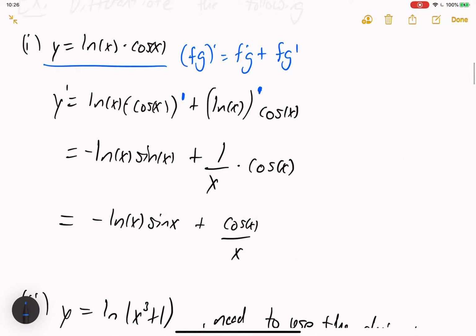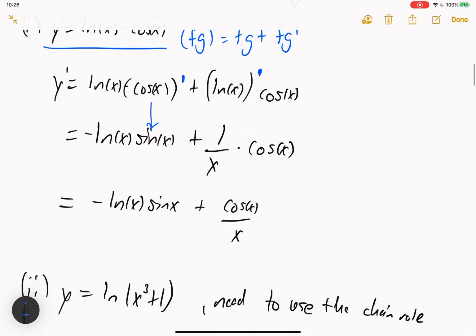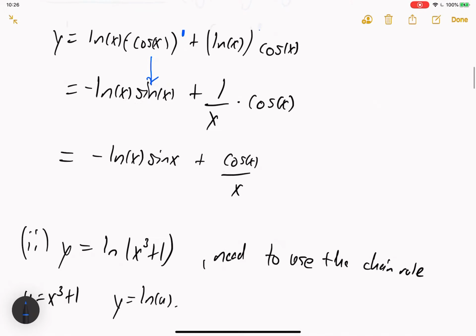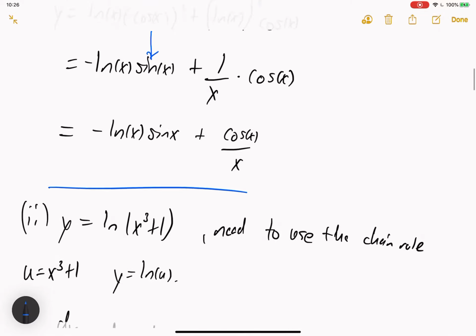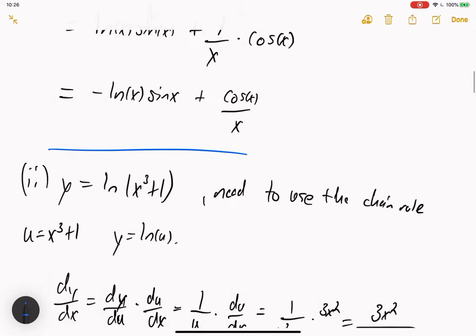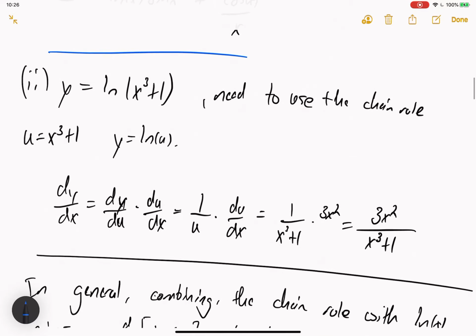The derivative of cosine of x is negative sine of x, so I got negative ln of x sine of x. The derivative of ln of x is 1 over x, like we just showed. So we get 1 over x times cosine of x, and lastly we get negative ln of x sine of x plus cosine of x over x. So that's pretty nice, honestly. It's not too bad.